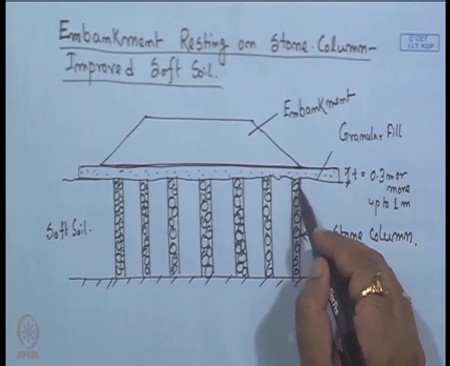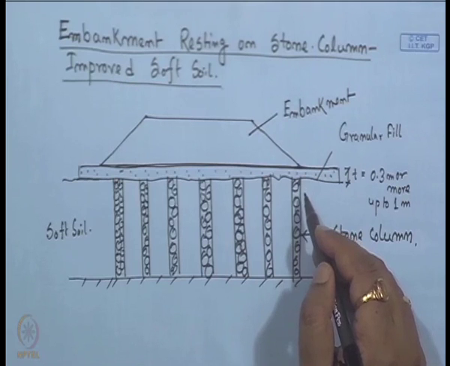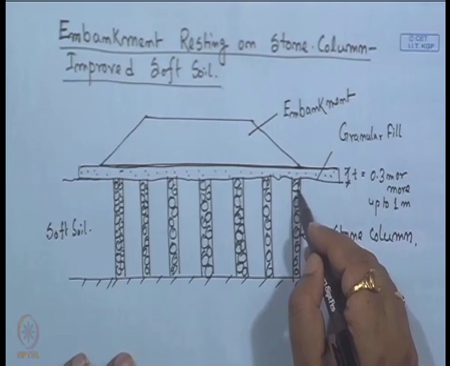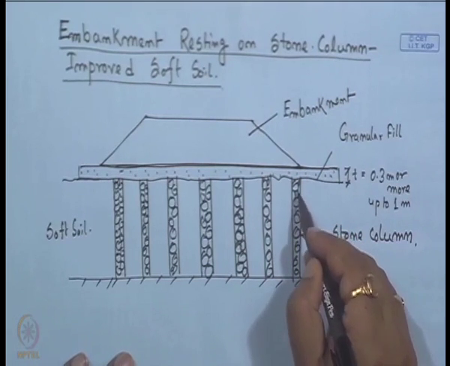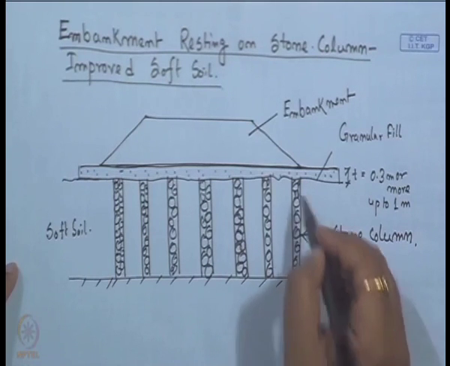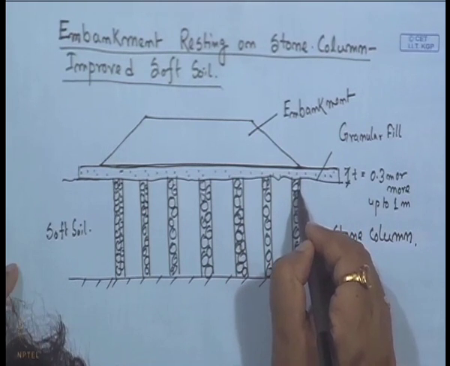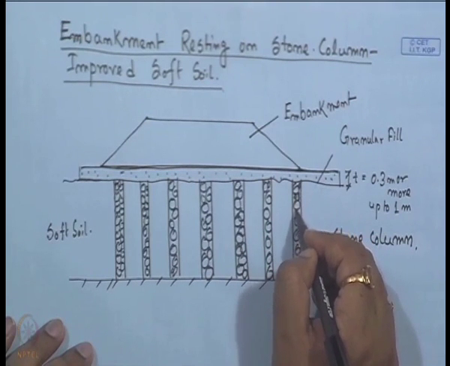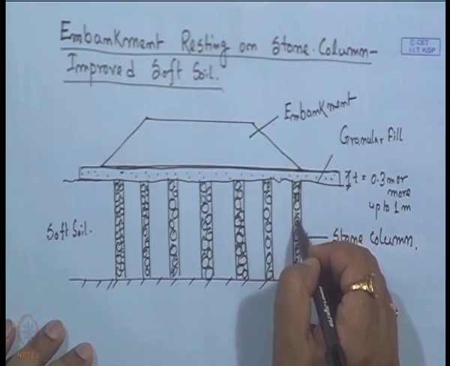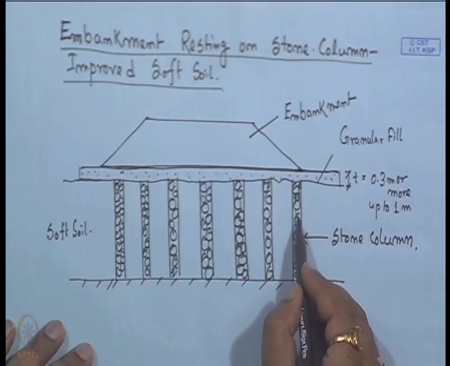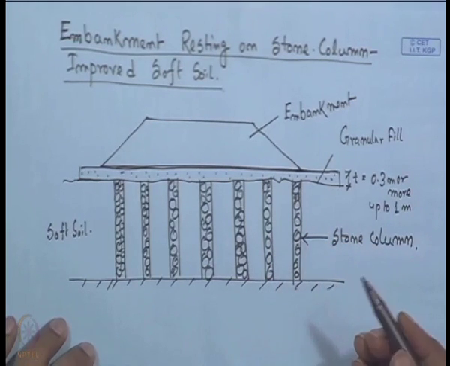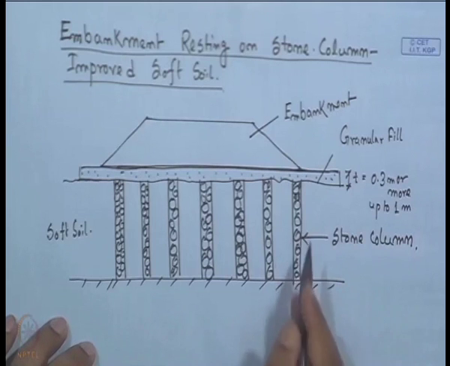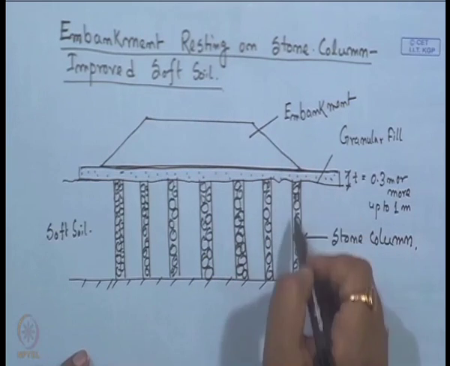Another is to insert the stones within the ground, which is called vibro replacement, where we remove or replace this soil using either the dry method or the wet method.